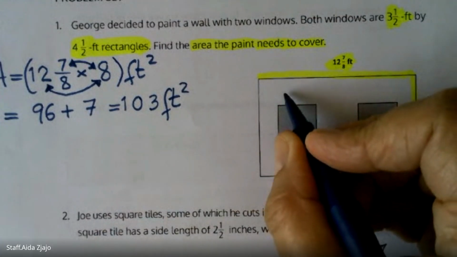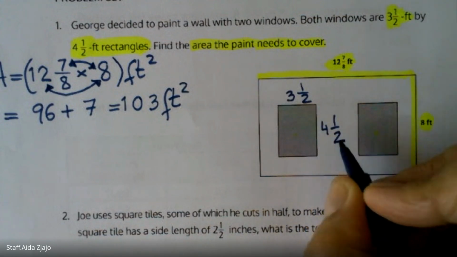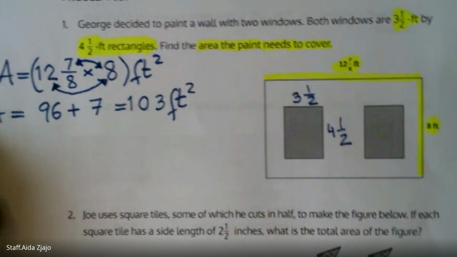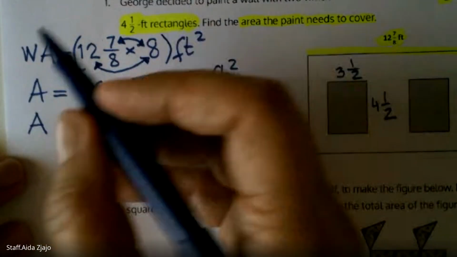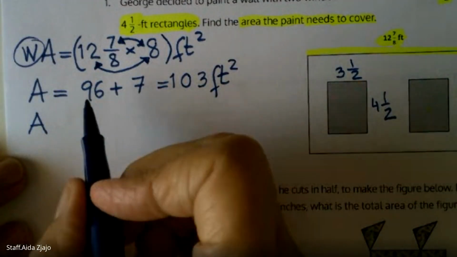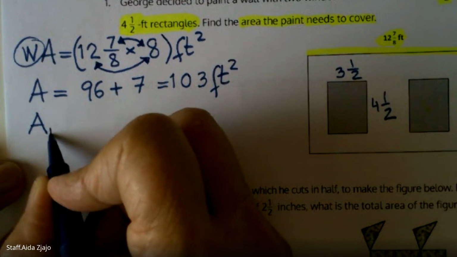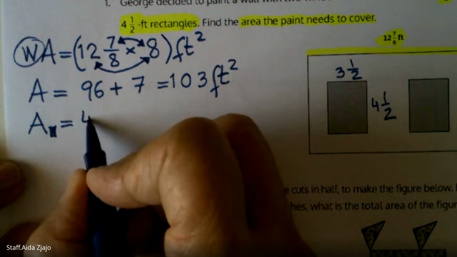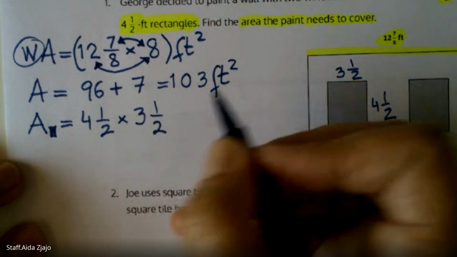Each window is 3.5 by 4.5, so the window is 4.5 times 3.5. The area of the gray part equals 4.5 times 3.5.